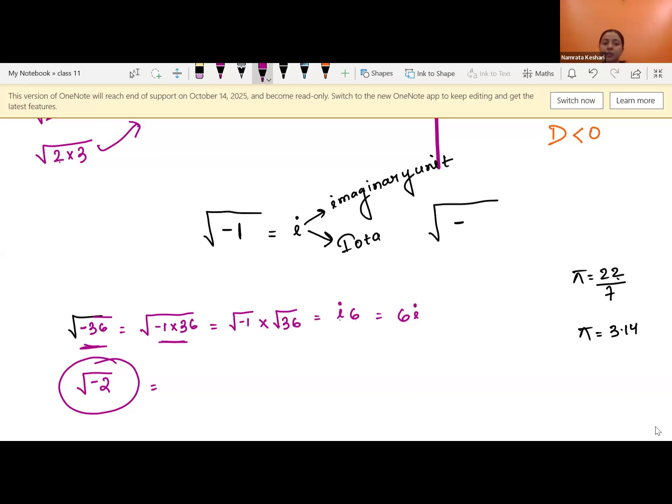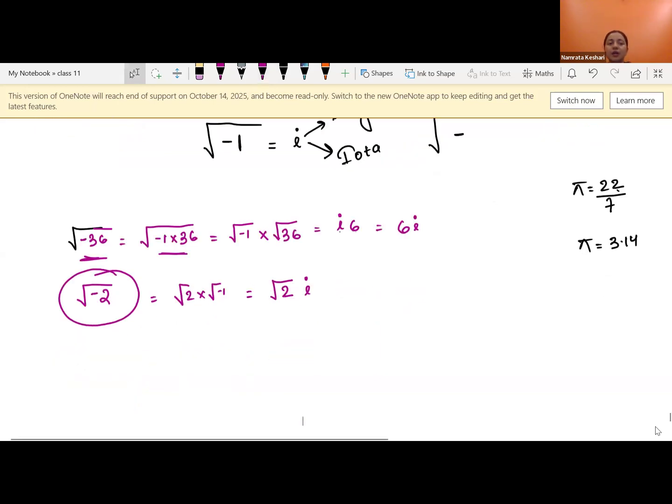We can write root 2 into root minus 1, which I am writing directly for now, as root 2I. Making sense? Yes, teacher. Let's take a few more examples like this.